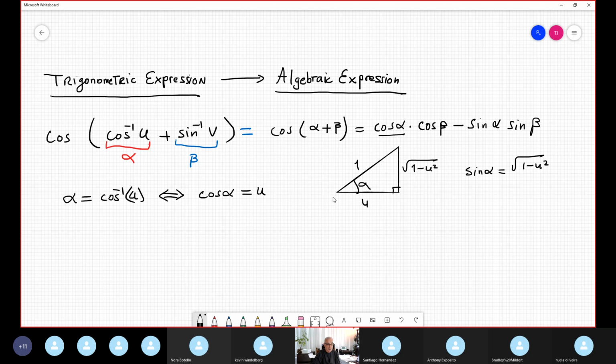Okay. Likewise, beta is sine inverse of the other variable called b. This is equivalent to say sine beta is equal to b. Now the triangle.